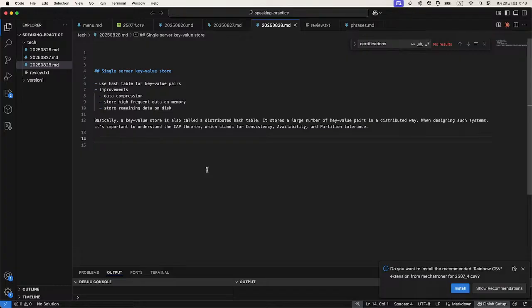On the other hand, when we choose the AP system, availability and partition tolerance, the system might return old data, but it can continue to accept read operations. And when a write operation happens, node 1 and node 2 continue to accept write operations.